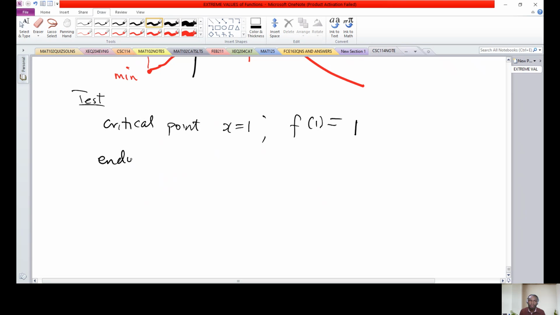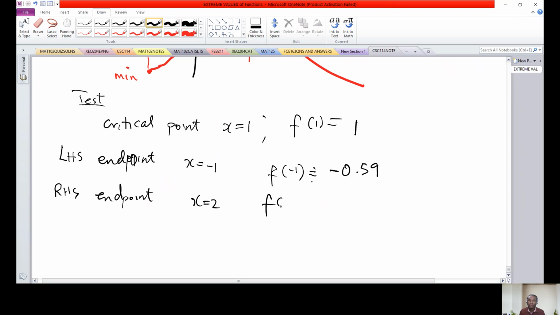Now endpoint x equals -1, we have f of -1 will be given by -0.59 roughly, and then this is the left hand side endpoint. Right hand side endpoint, x equals 2, f of 2 will be given by 0. Now when you compare all these three values, we see that this is the minimum and then this is the maximum.